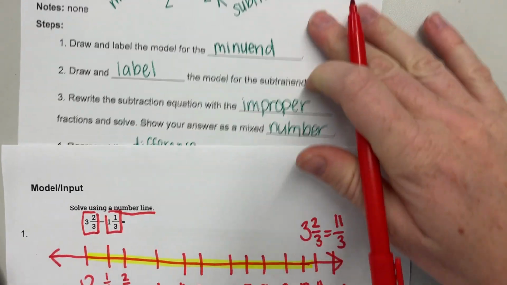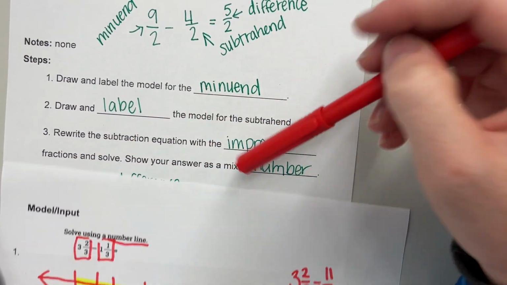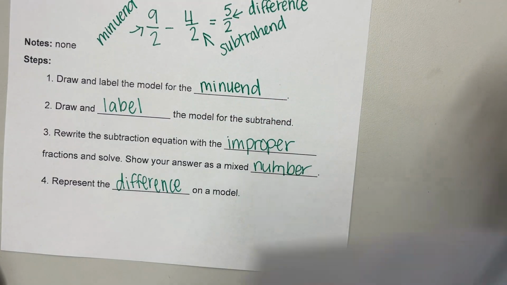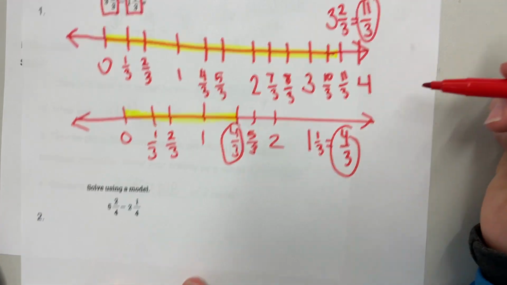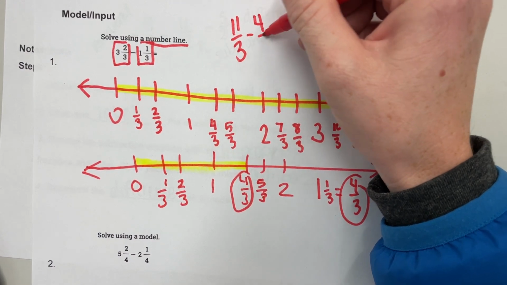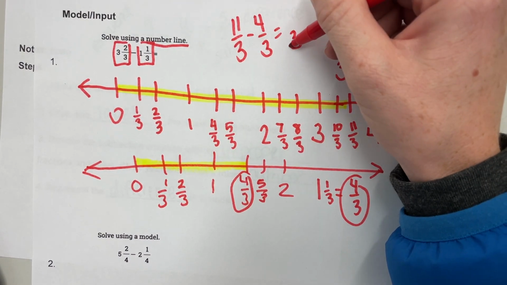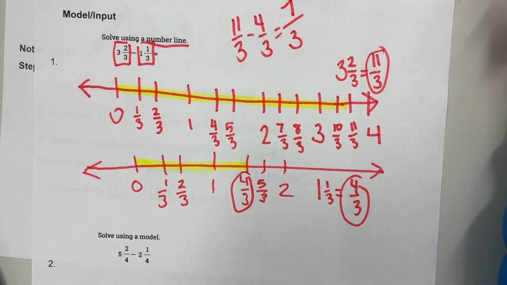Now my next step says to rewrite the subtraction equation with improper fractions and solve. Show your answer as a mixed number. So I have 11/3 minus 4/3. The denominator stays the same, and I subtract and I get 7/3.